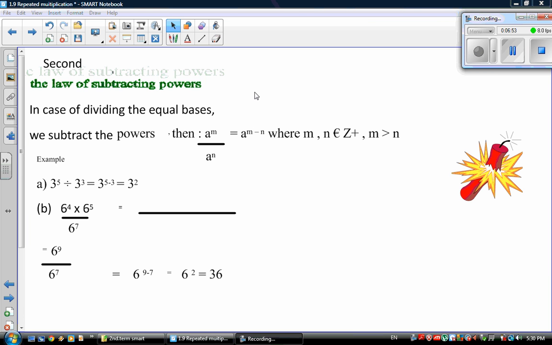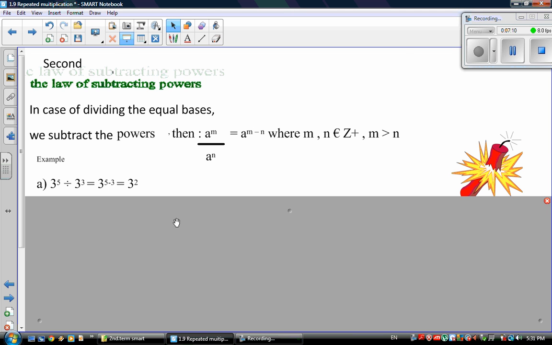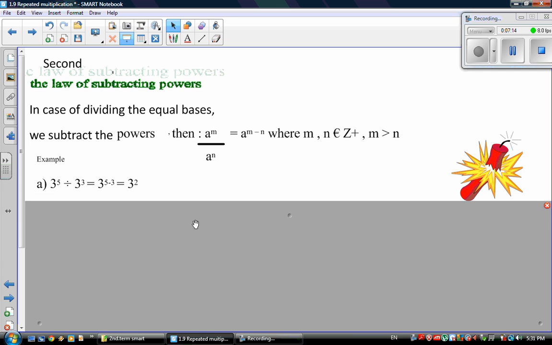Okay, let's go to another point. The second rule is the law of subtracting powers. In this case, we have to subtract powers if the bases are equal in case of division. So let's try an example like 3 to the power 5 divided by 3 to the power 3.